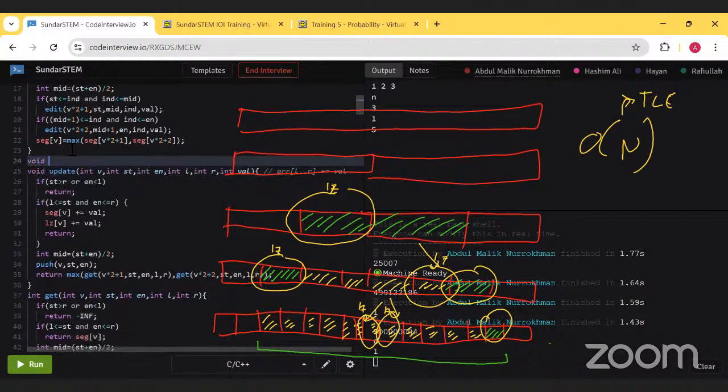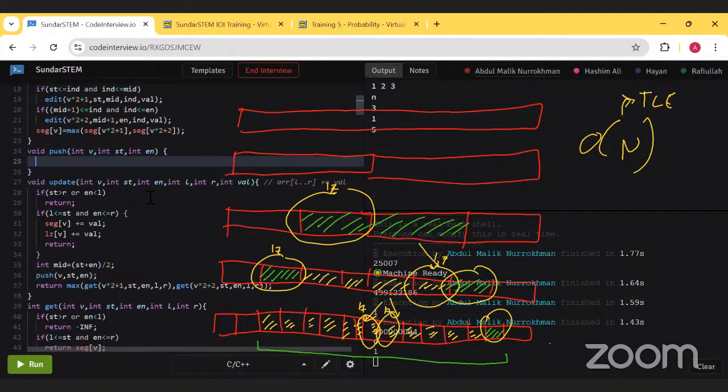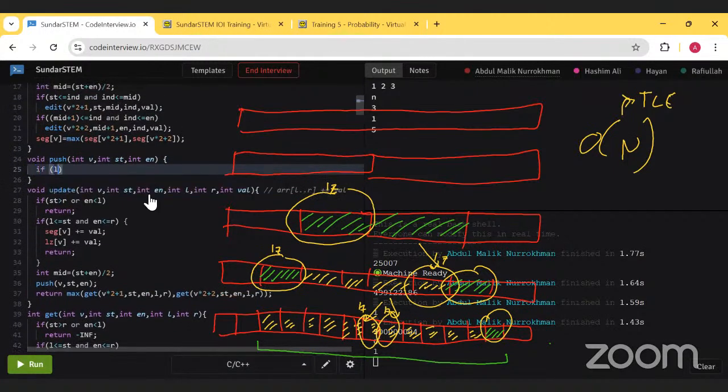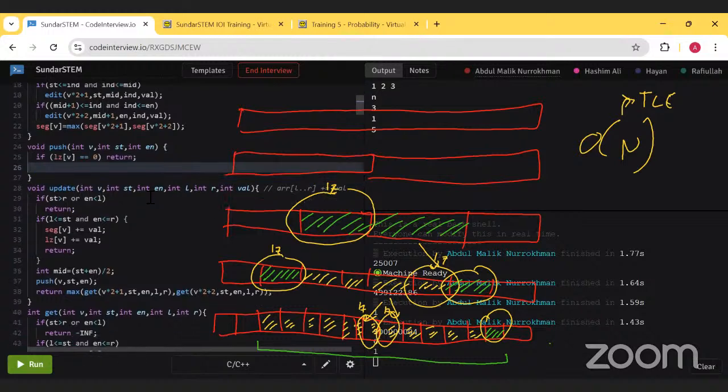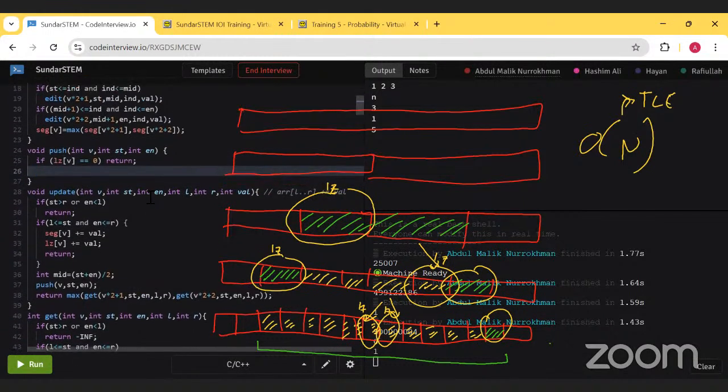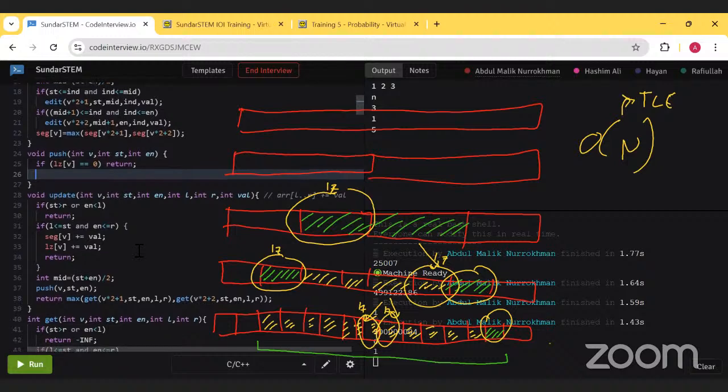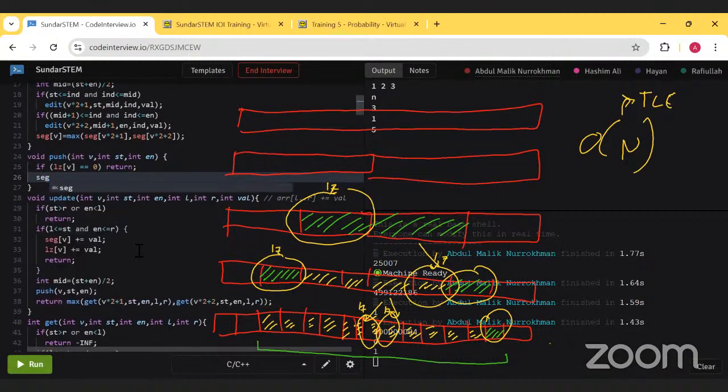Okay, what does push mean? Push means we want to do the pending task. So if lazy v is equal to 0, then we can just ignore it because we don't have any task. But if we have some task, then we have to make it like this.